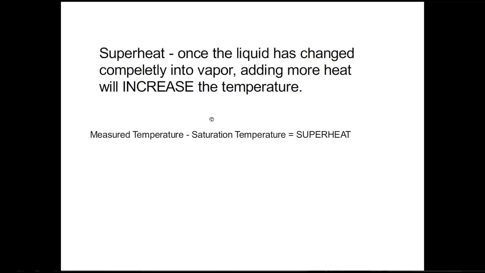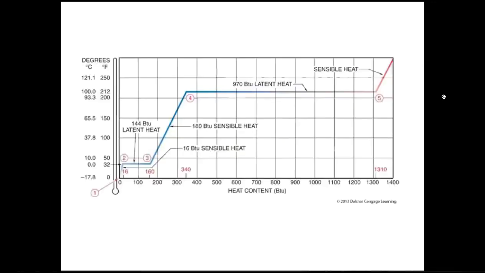So if you measure the temperature of your refrigerant or water, and you subtract the saturation temperature from it, what is remaining is the superheat, and this is when it's in the vapor form.